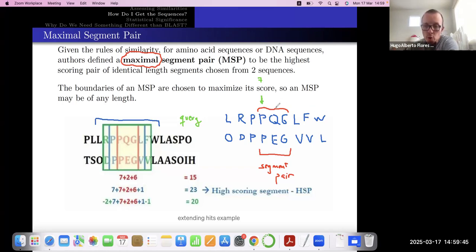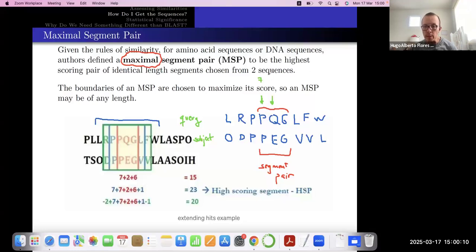This is my sequence of interest. So I have a Q, and as you can see, here we don't have a match. But not having a match doesn't mean that we are getting a negative value. It depends on the letter that we find in the other one, the subject sequence, that determines the value of the score that we are assigning.